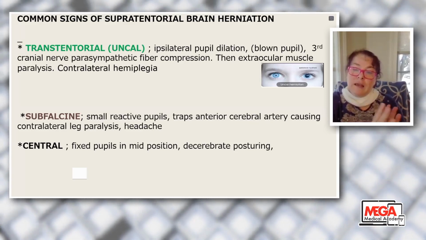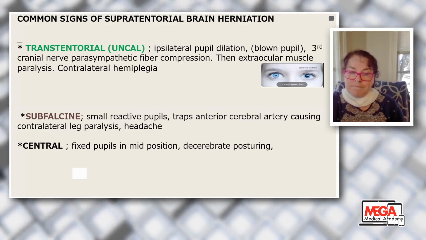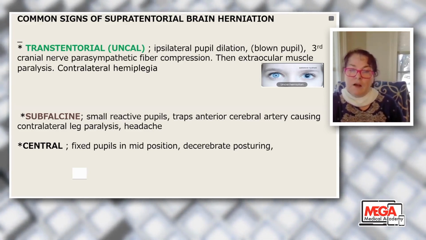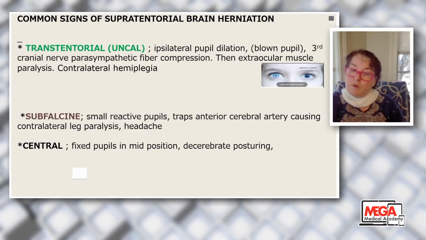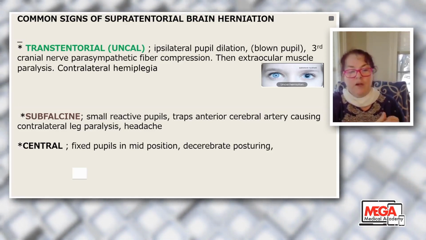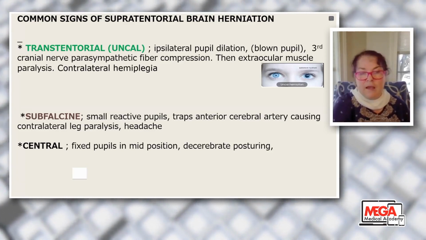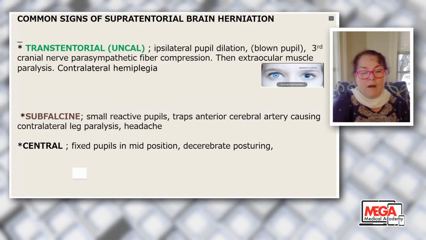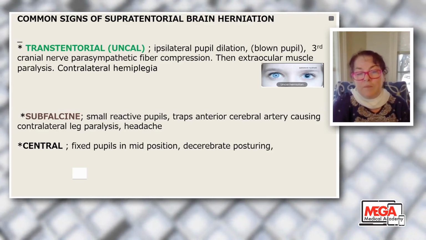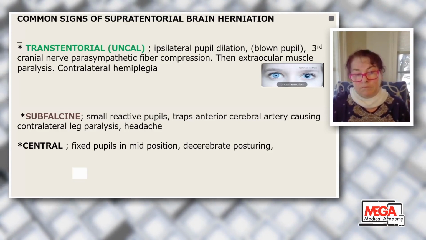Then you might start getting extraocular muscle paralysis and contralateral hemiplegia. With subfalcine herniation, you're going to get small reactive pupils. This herniation is going to trap the anterior cerebral artery, causing some contralateral leg paralysis. Of course, they're going to get headaches with all of these. In central herniation, you get fixed midline pupils, and you may have some decerebrate posturing.